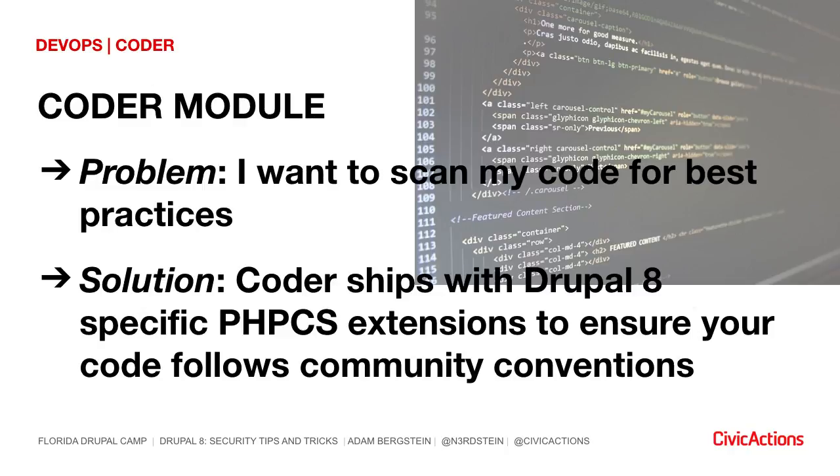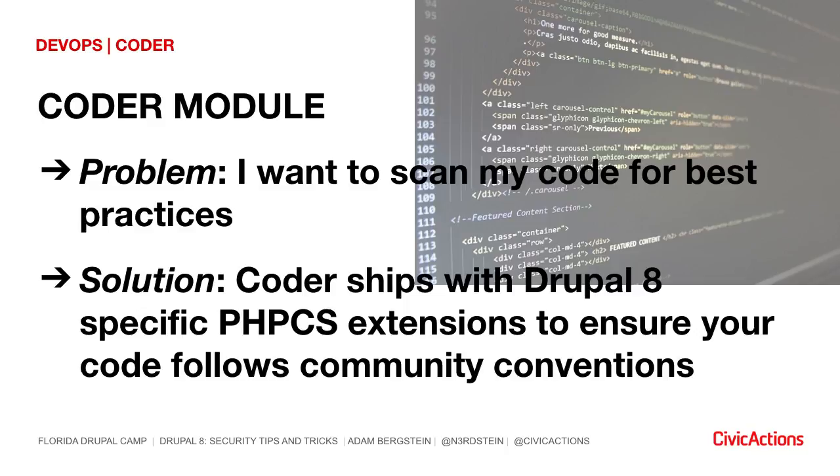And I swear I had the Coder module in this. I'm glad I remembered. All right, so Coder. It will scan your code for best practices. I think it does have some security-related things, but the main goal it's trying to solve is making sure that you are leveraging the coding standards. There's the standards, but there's also the best practices, and the best practices is where I think the security stuff may bubble in.